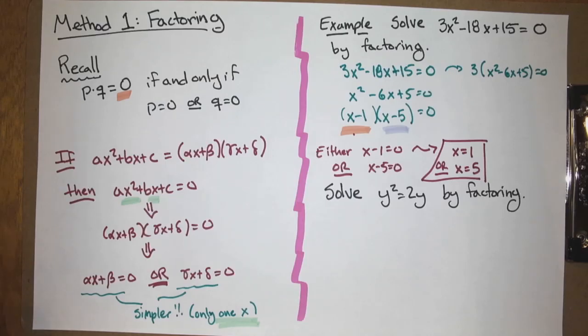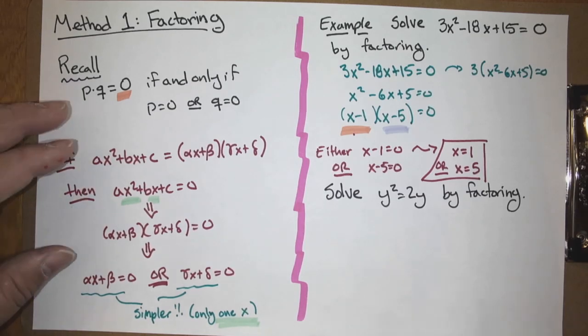All right. Solve y squared equals 2y by factoring. What do we need to do? How do we begin? Move the 2y.